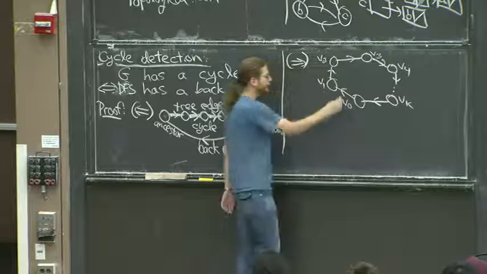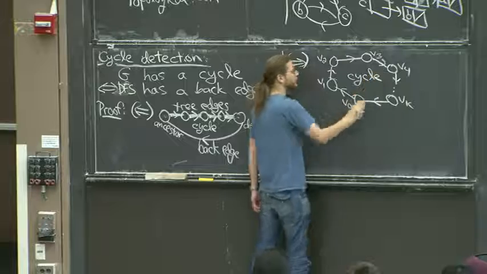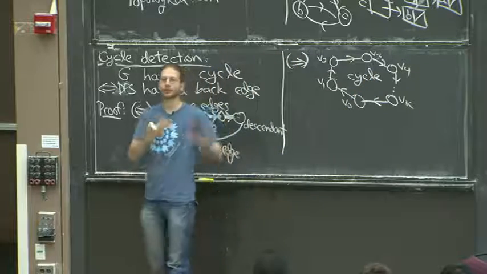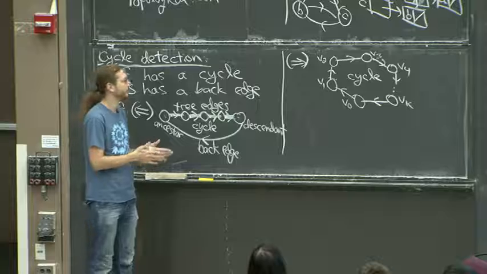Here's a length k cycle. Which of these edges do you think is going to be a back edge? Let's hope it's one of these edges.